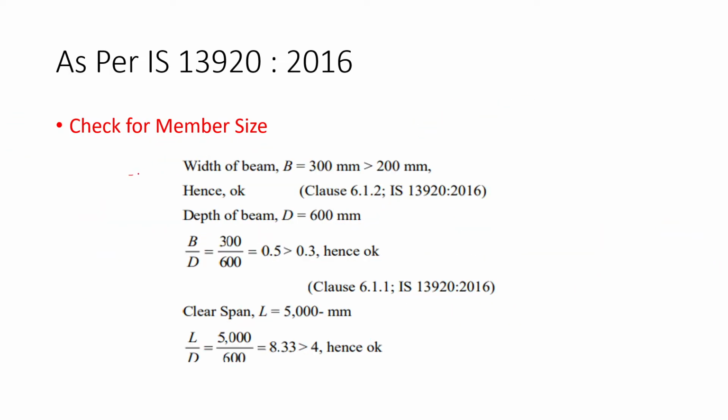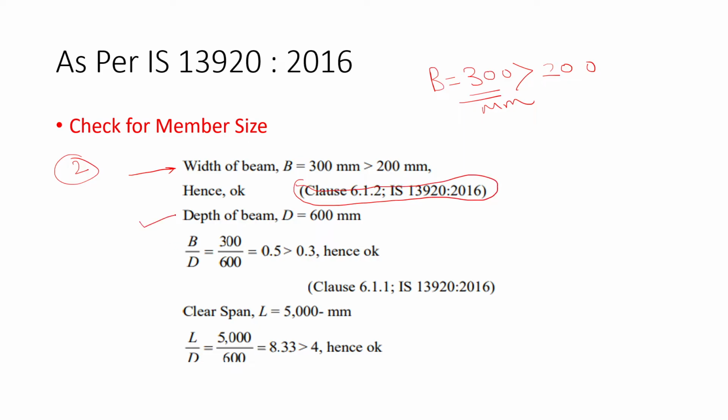Here first I have verified the second condition, that the beam should have width greater than 200 mm. In our case it is 300 mm, hence okay. This is clause 6.1.2. Next, depth of beam. The B by D ratio should be greater than 0.3.